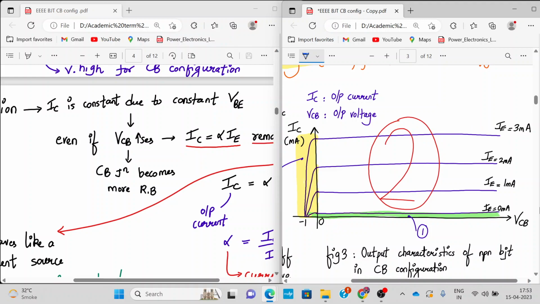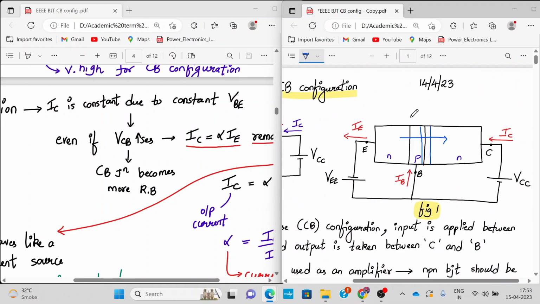That means even if you make the collector base junction more and more reverse biased, let me show you this diagram. I'll rub out what we have done before. So for a constant value of VBE, we are not increasing VBE, so a fixed number of carriers are reaching the collector.